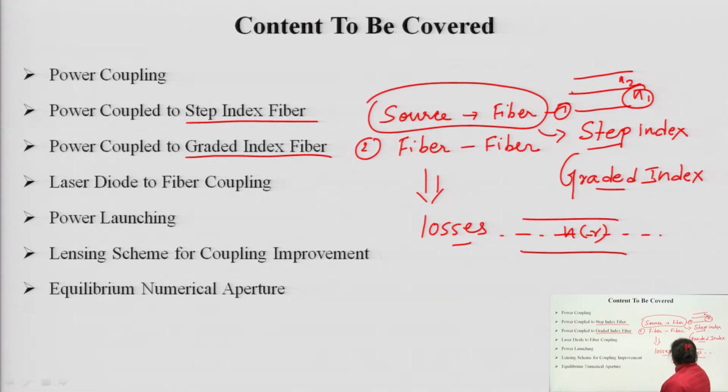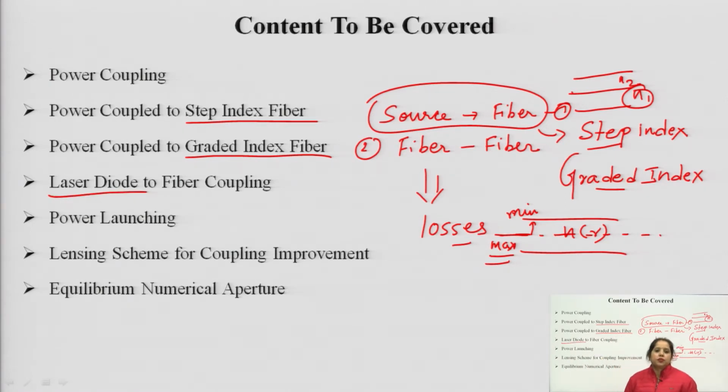It is maximum at the fiber axis and keeps on decreasing and reaches the minimum value at the core cladding interface. That is why the power coupled to the step index fiber and the power coupled to the graded index fiber varies.